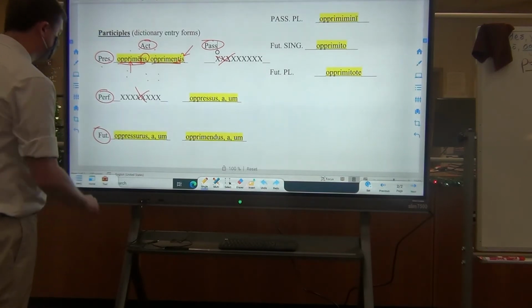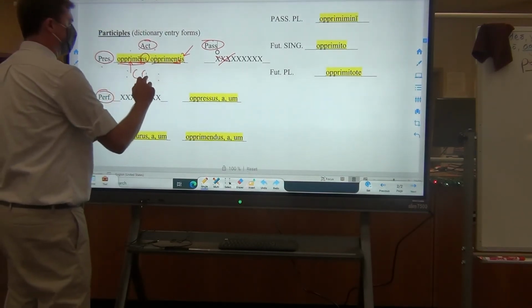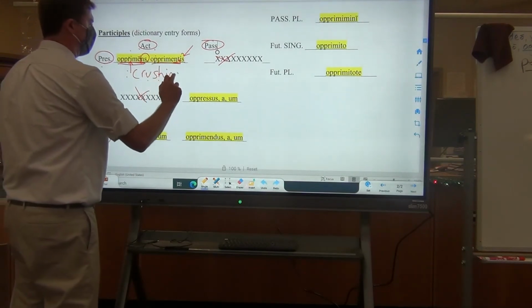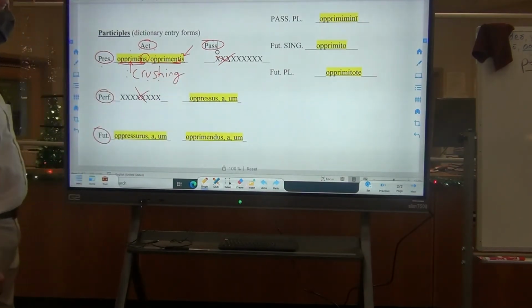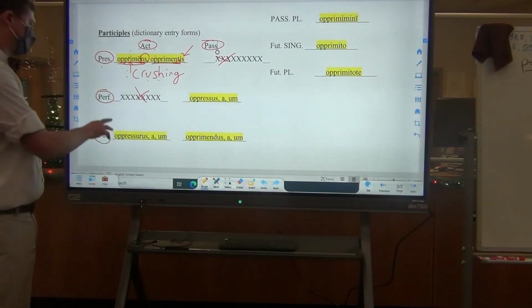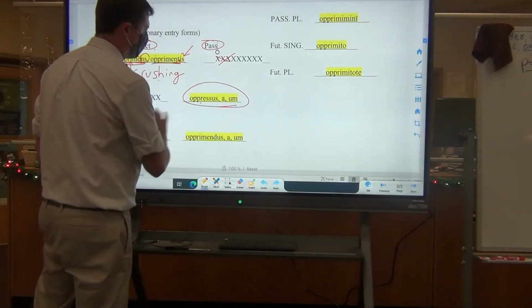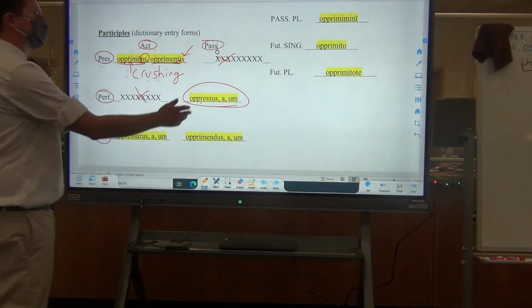Now how do we translate it? It will in this instance, since this verb means to crush, be translated simply as crushing. And so the crushing subject does something. Or, in all of the other cases, obviously, still translated crushing. It's just a matter of what it's modifying. The perfect passive participle is the 4th principal part. Opprimo, opprimere, oppressi, oppressus.